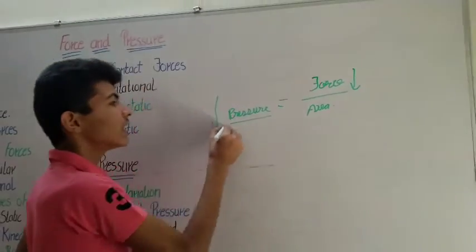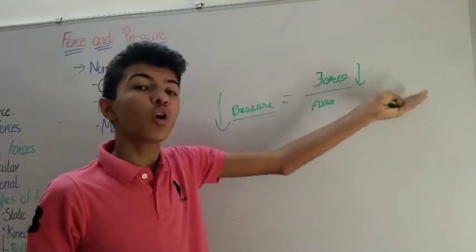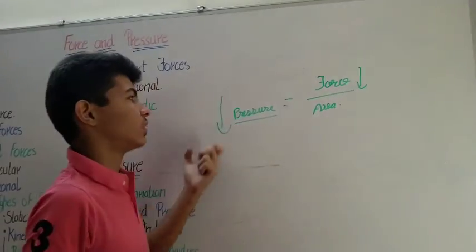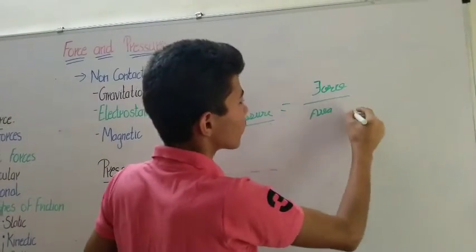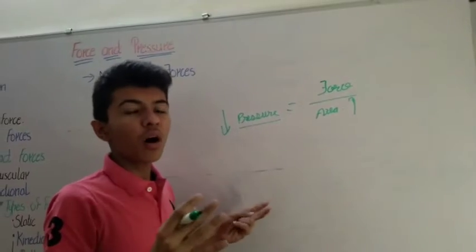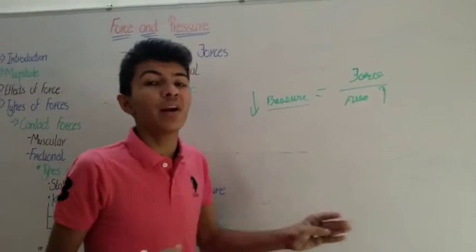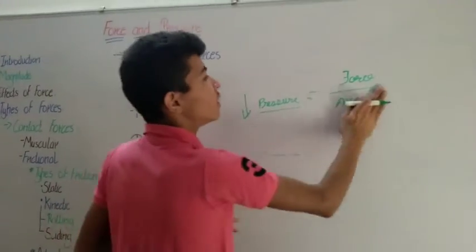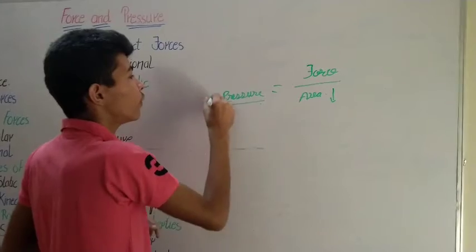The pressure also decreases, because the force applied per unit area is lesser, so we apply less pressure. It would be the opposite scenario when the area is increased: the pressure would decrease, because the force is the same but it is spread over a larger area. And if the area is decreased, the pressure would increase.